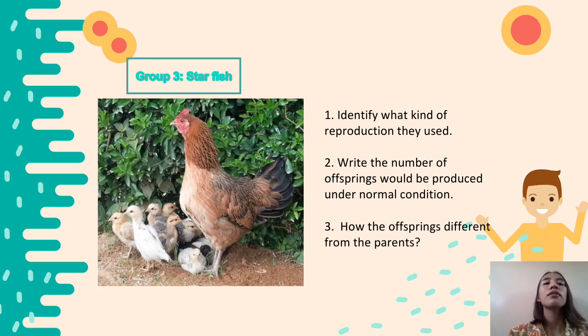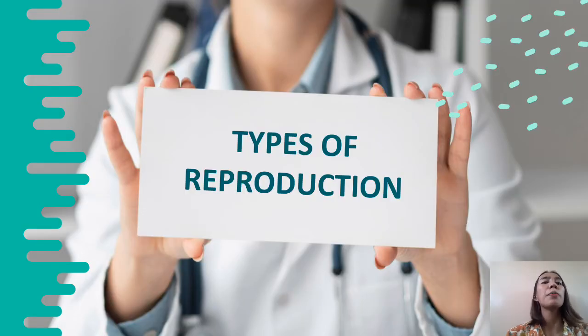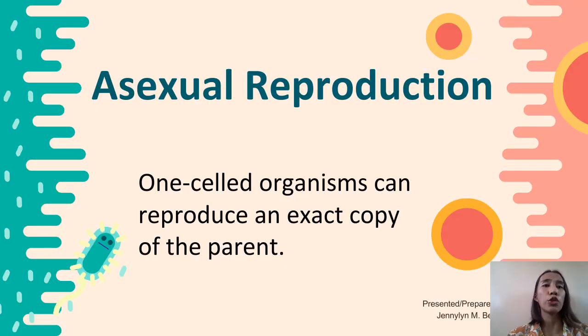So now, let's proceed to different types of reproduction. We have two kinds of reproduction. Very good, the asexual and sexual reproduction. So now, let's discuss first the asexual reproduction.